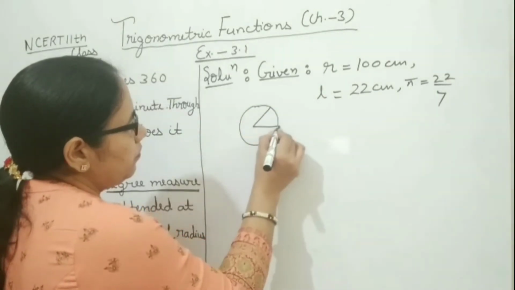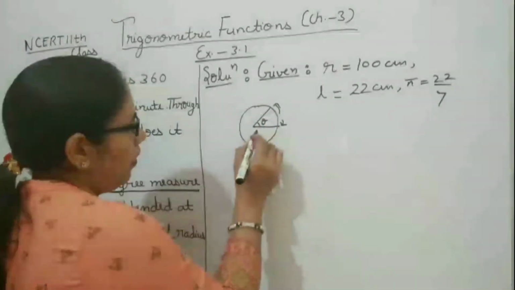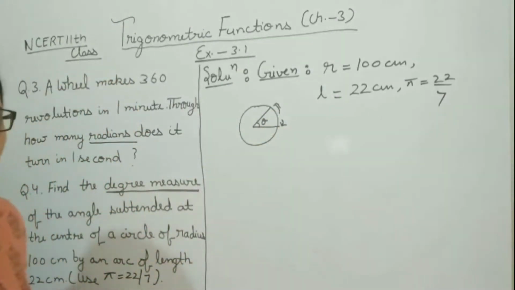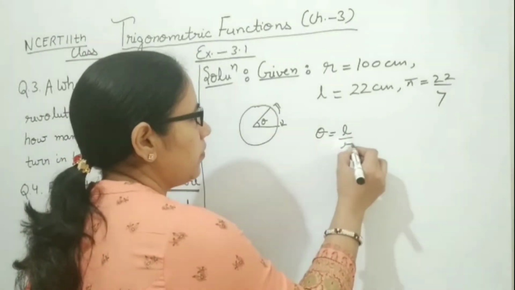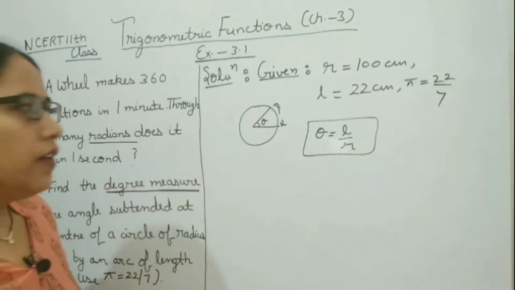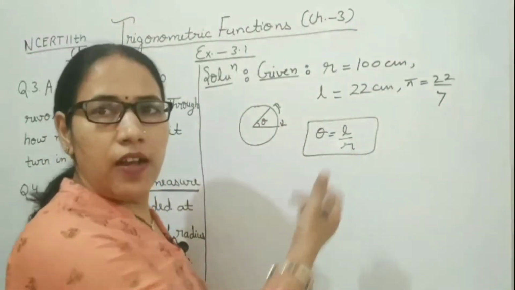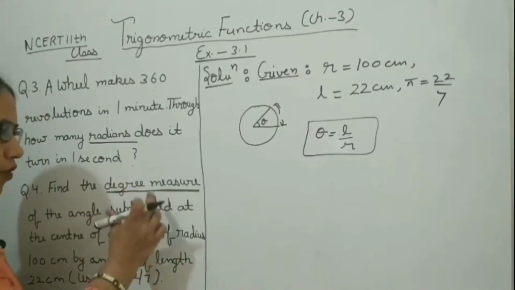So as we know, when an arc of length L with radius r makes an angle theta at the center of a circle, then theta will be L by r. Using this formula we have to calculate the angle in radians. Here the angle comes out in radians and we have to convert it into degrees for the answer.